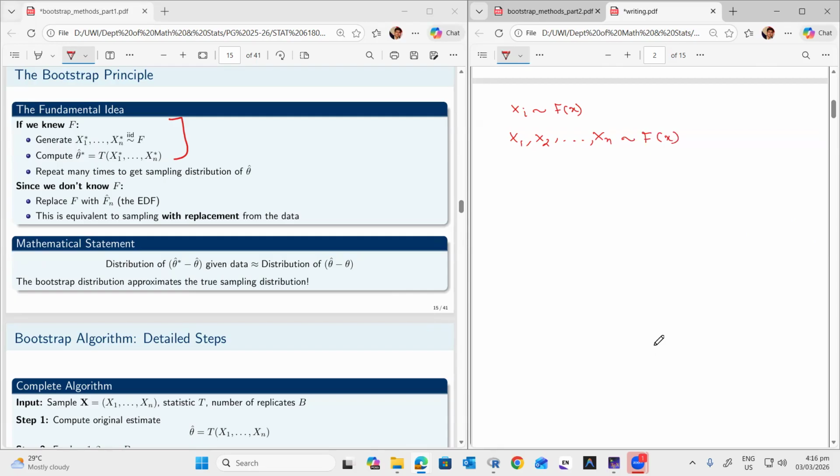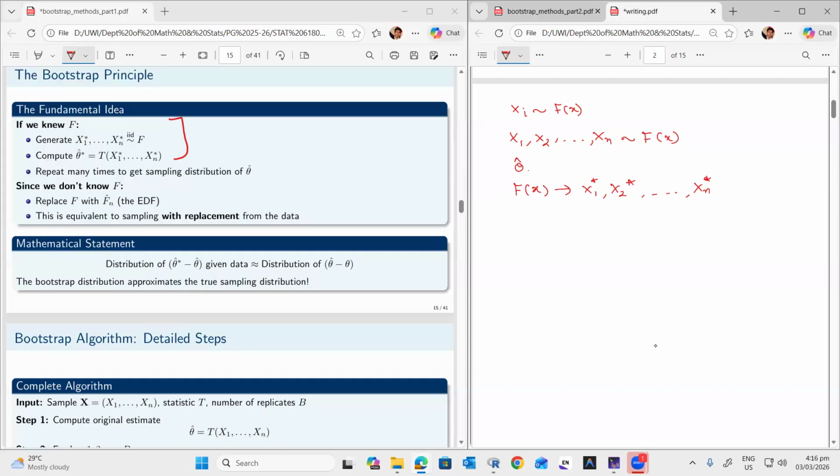And then you can find the estimated value of your parameter theta cap, and you can generate random samples again and again from this CDF. Again you can use this CDF to generate your new sample x1 star, x2 star, up to xn star. If you know the CDF, you can generate from your population CDF itself. You don't need to generate from your given sample.